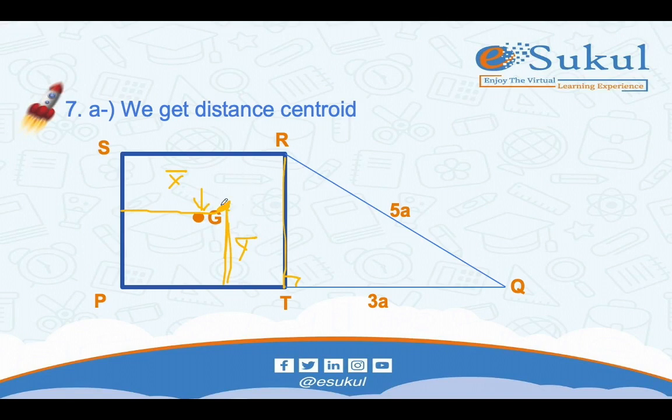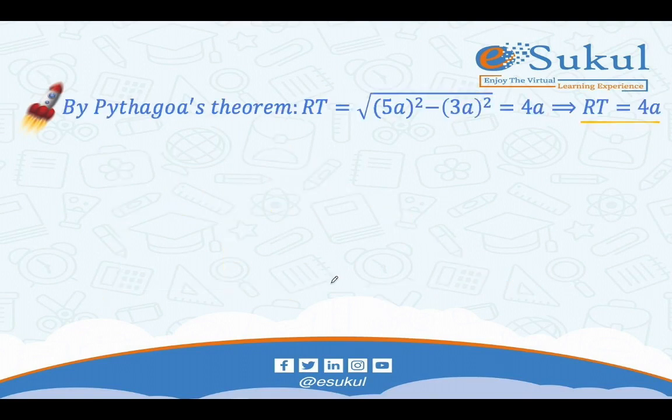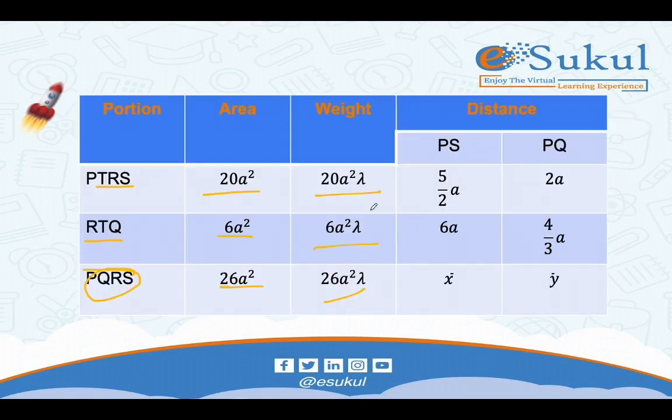So the centroid indicated by PQ will be y bar. So the whole lamina has centroid G with x bar, y bar: x bar along PS and y bar for PQ. So therefore we can see, coming back on the table, the distance for PS will be x bar, for PQ we have y bar, as you can see on my circles. So now let's get the individual distances.